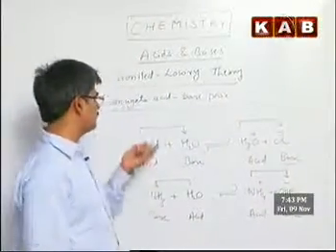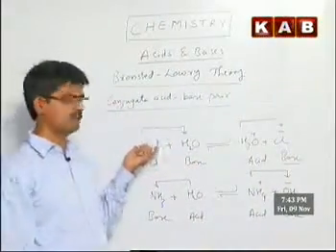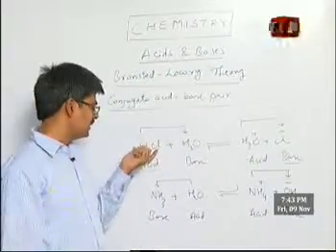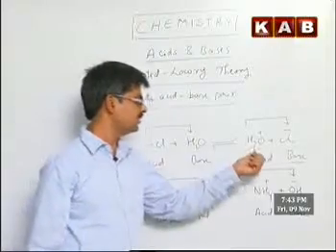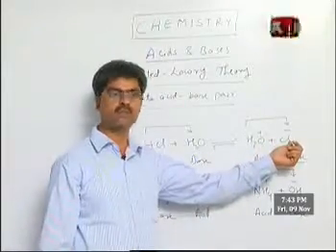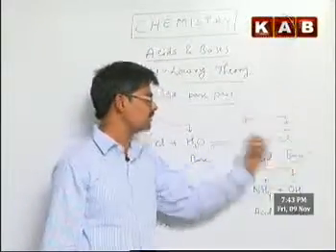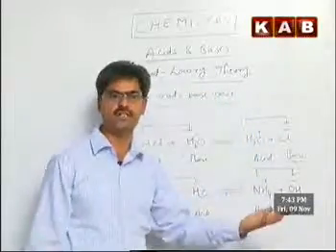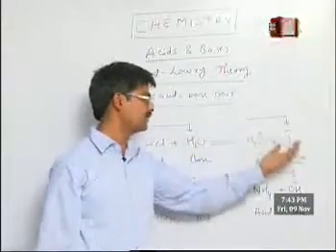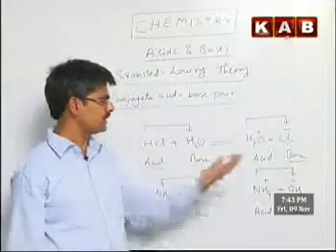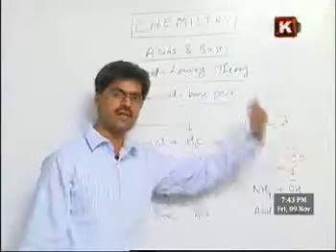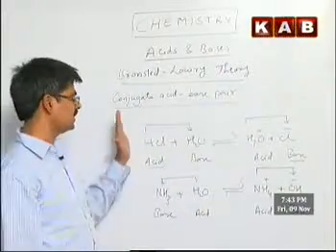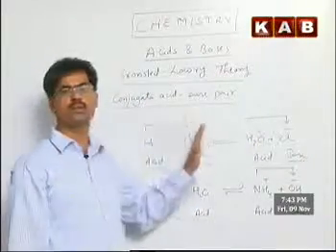Therefore here, if HCl is a stronger acid, it implies HCl has a greater tendency to be in the form of H+ and Cl minus. That implies Cl minus will not have that greater tendency to accept a proton again. Suppose we imagine that Cl minus has a greater tendency to accept a proton, then in the first stage HCl cannot give a proton so easily to water.